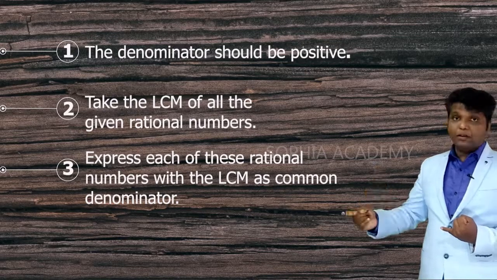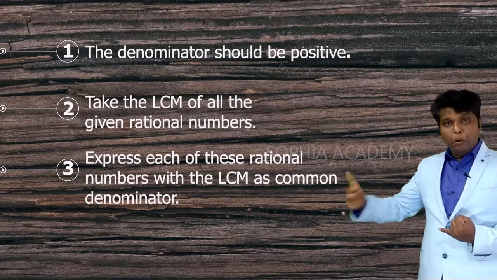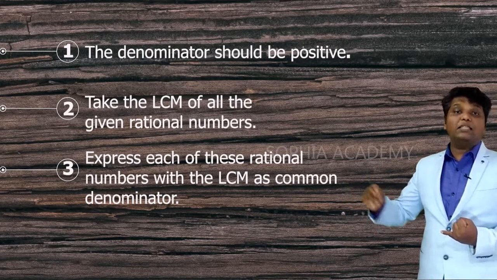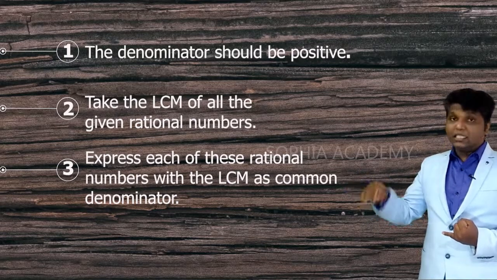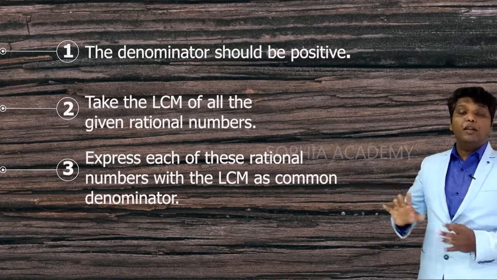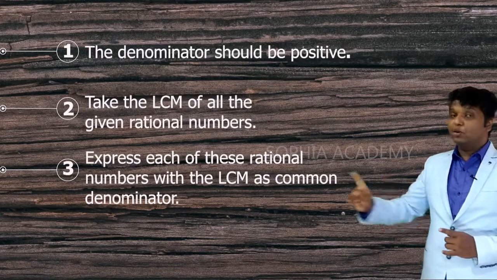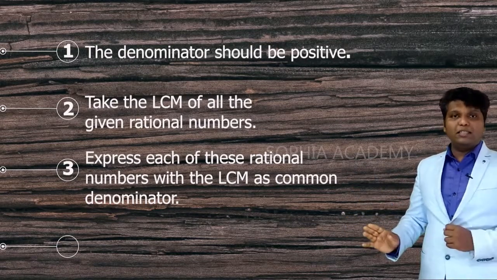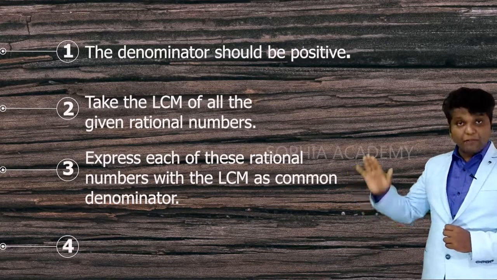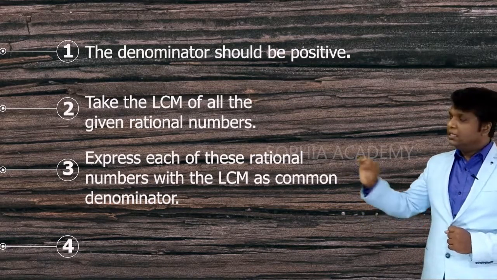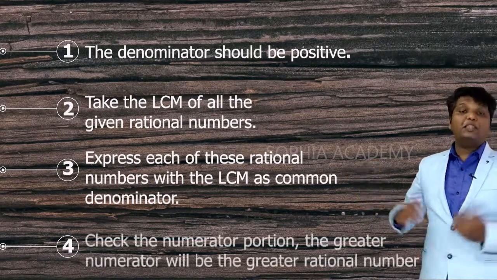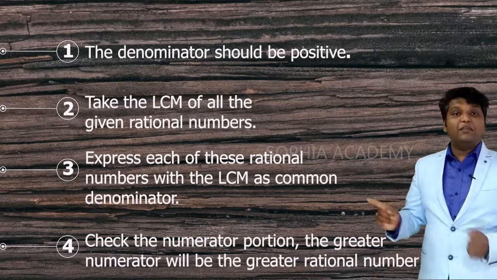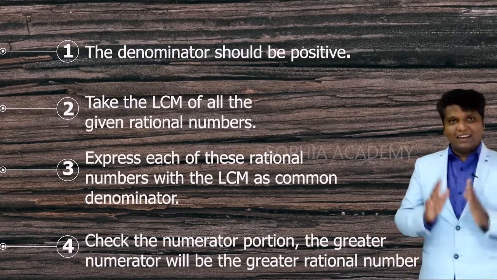Then you have to make the denominators of both of these rational numbers the same, and it should be the LCM itself. And the final point: after these three steps, the fourth step, just check the numerator portions, and whichever numerator is the greater one, that will be the greater rational number.